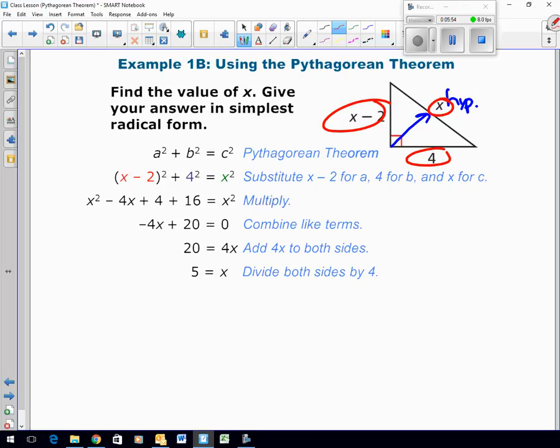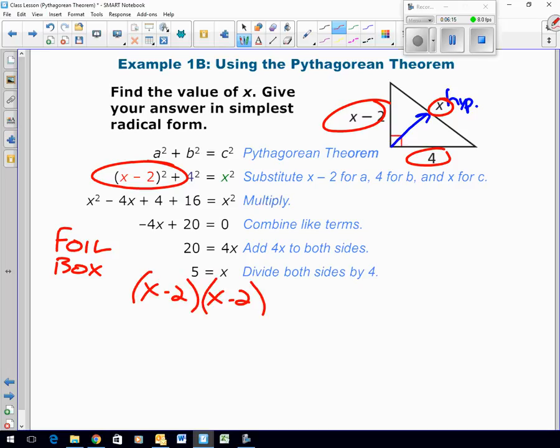When I am multiplying a binomial times itself, I have two methods I can use, FOIL and the box method. I could use FOIL: x minus 2 times x minus 2. FOIL is first, outside, inside, last.